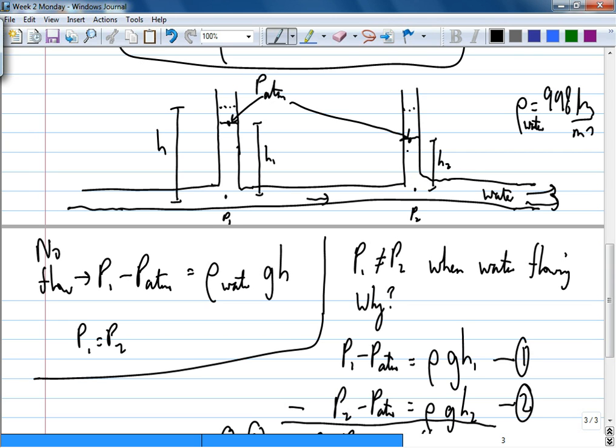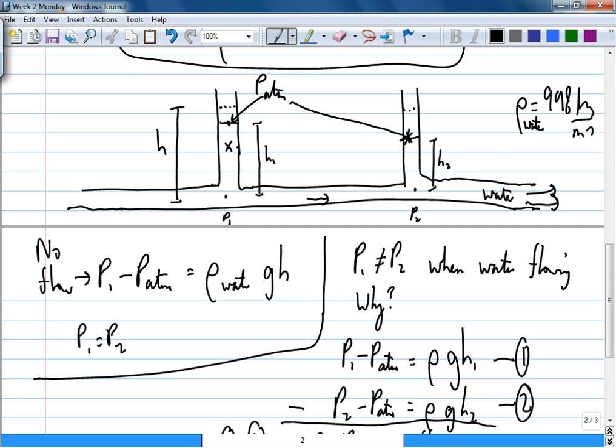Don't suddenly say the pressure here is the same as the pressure here. Correct or not? Anyone believe the pressure here is the same as the pressure here, same height, same fluid? No, because although the fluid is connected, it's not connected by stationary fluid.